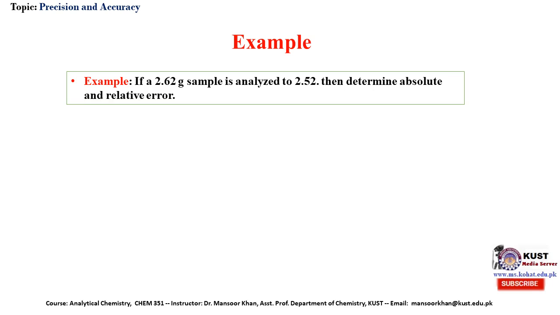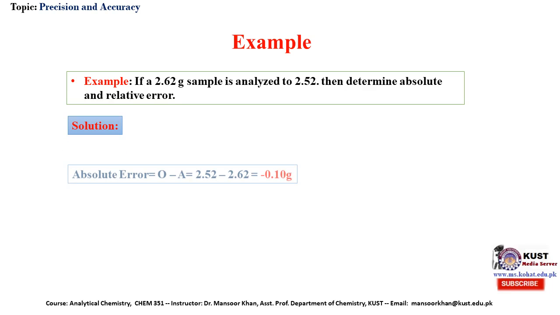It means that 2.62 is the accepted value or true value, while 2.52 is the observed value or measured value. Now, how can we determine absolute and relative error?